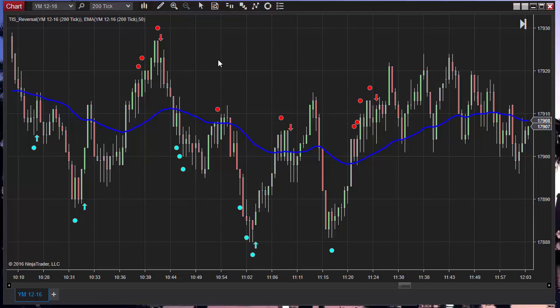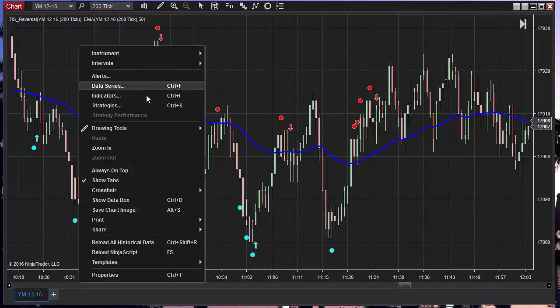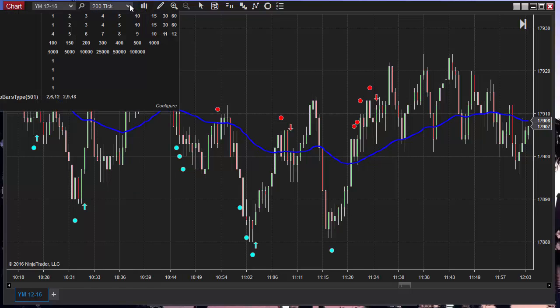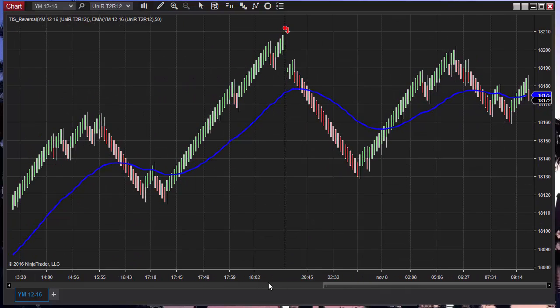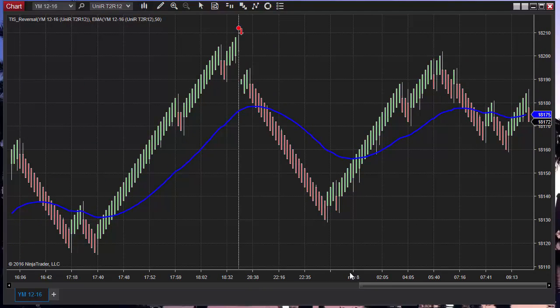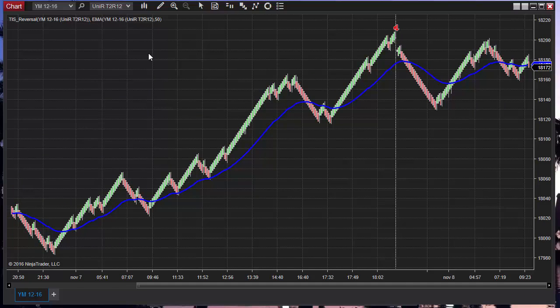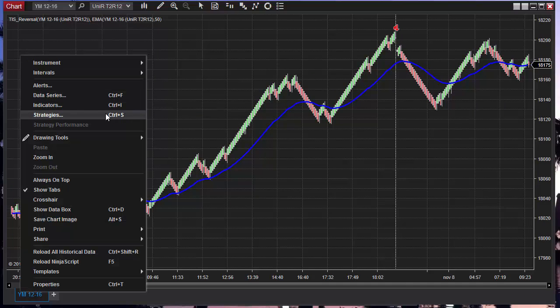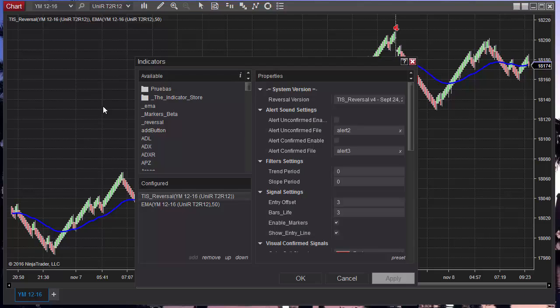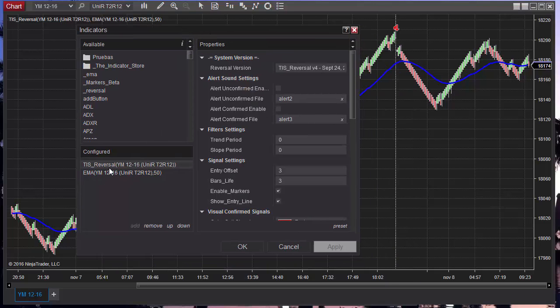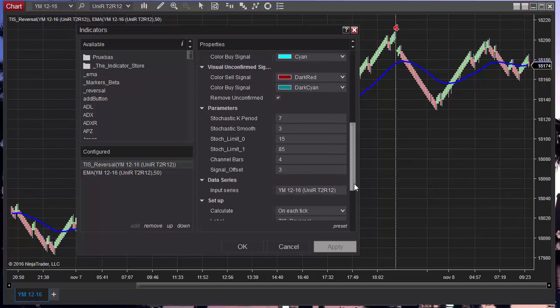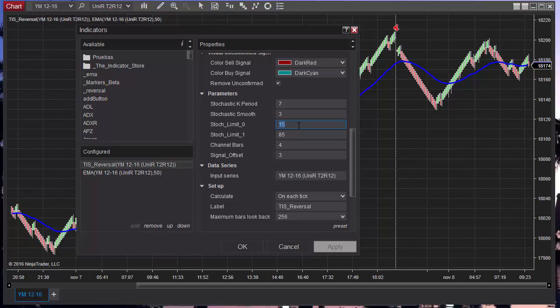One of the charts where the stochastic works very well is the Unirenko. And on this bar type, we need to make an adjustment on the threshold levels of the stochastic. We need to increase them. This is explained in a different video, but just to have an idea, we need to increase these levels.